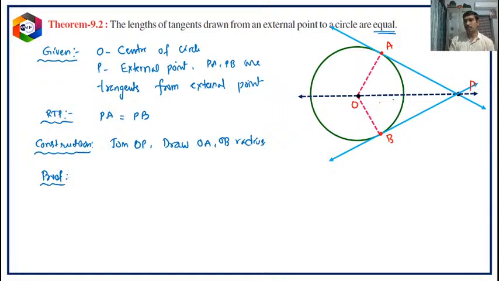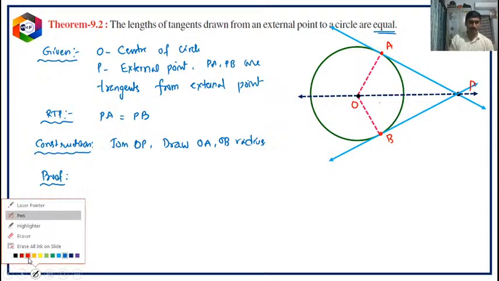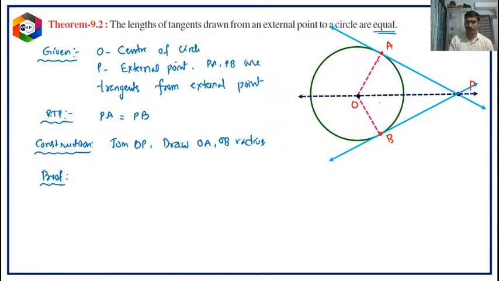Observe children. To prove this one, I am going to use the congruency idea. And the first thing we are using is, radius is always perpendicular to the tangent at the point of contact. This angle will be 90 degrees and this angle is also 90 degrees.